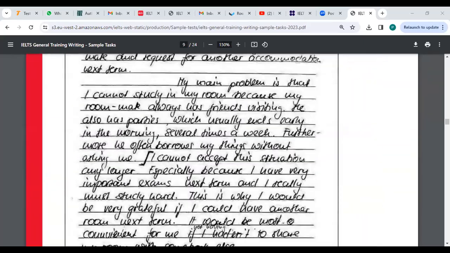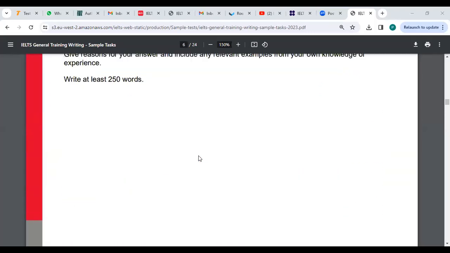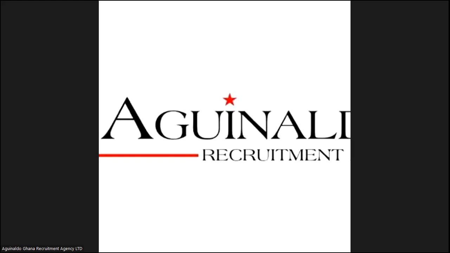Now, I want us to quickly look at task 2. And I will be giving you all an assignment today. In that assignment, you are going to use the official IELTS exam sheet to respond.